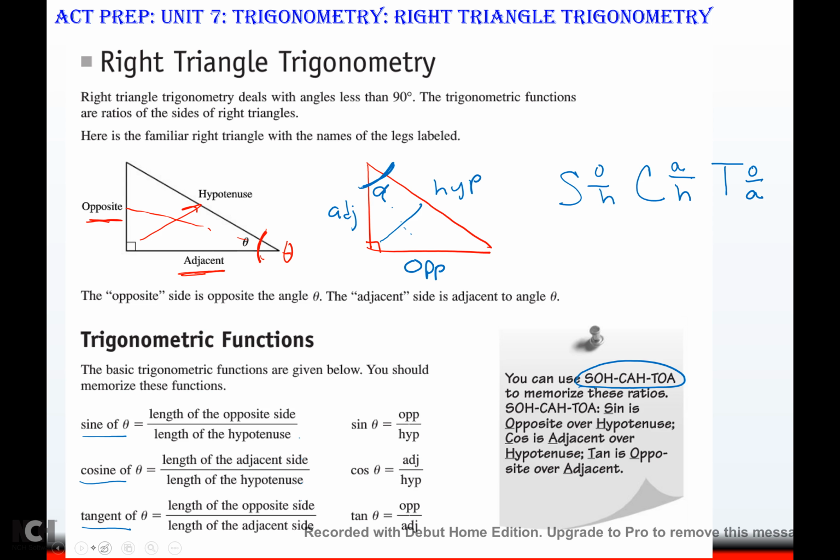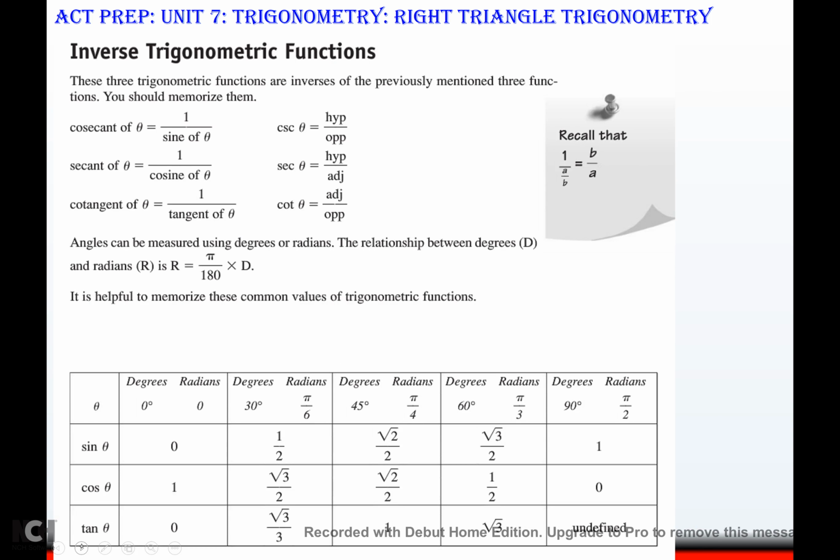Then you have the cousins. I call them cousins; properly, they're called inverse trigonometric functions. These three trigonometric functions are reciprocals of the previously mentioned three functions, and you should also memorize those. Cosecant of theta is the reciprocal of sine.